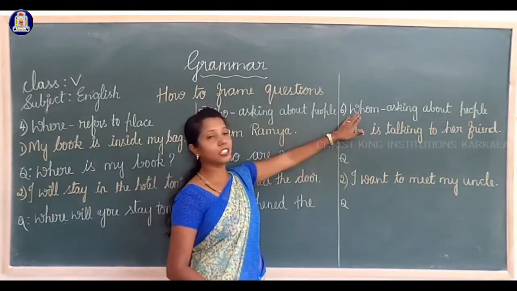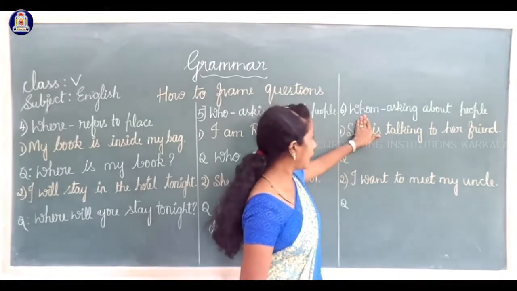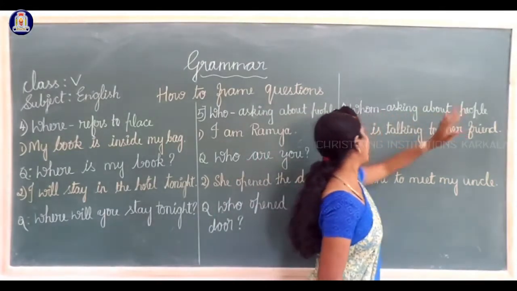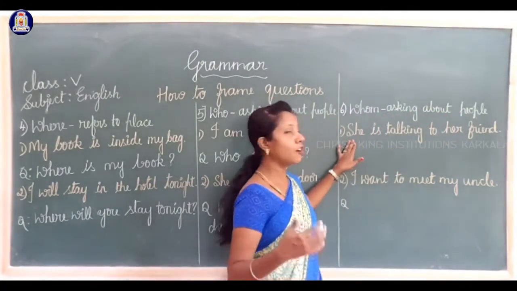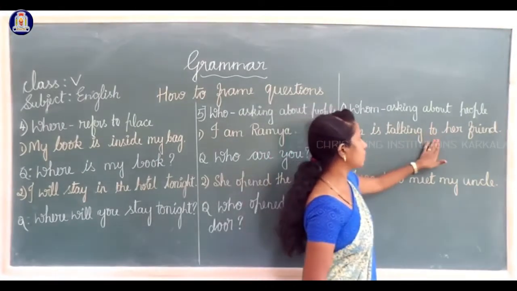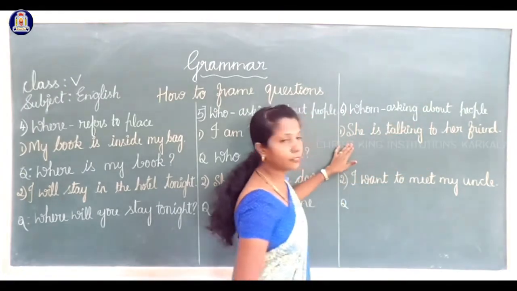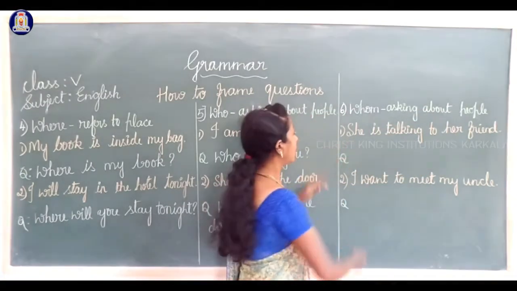Now let's move to the sixth one, that is whom. See, this is again asking about people. Now how are we going to form a question here? She is talking to her friend. So how can we write a question here?